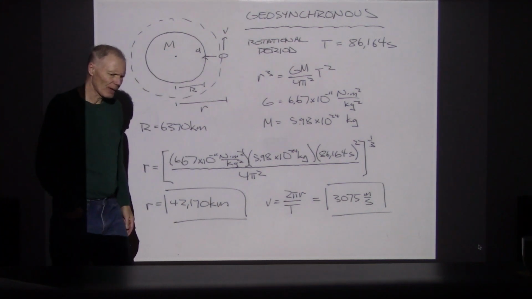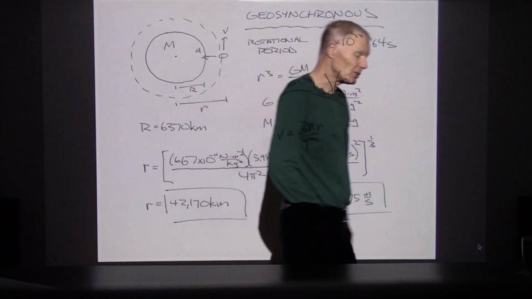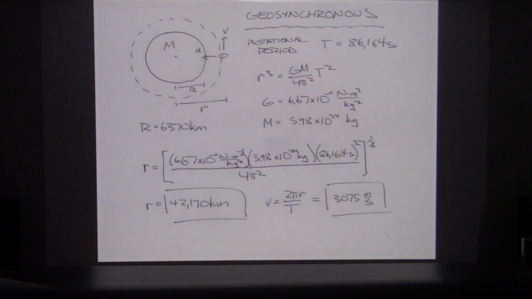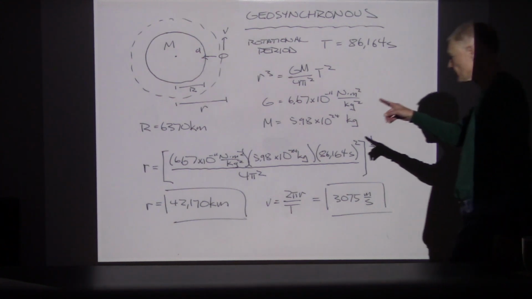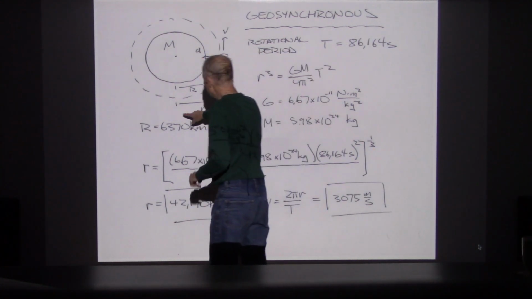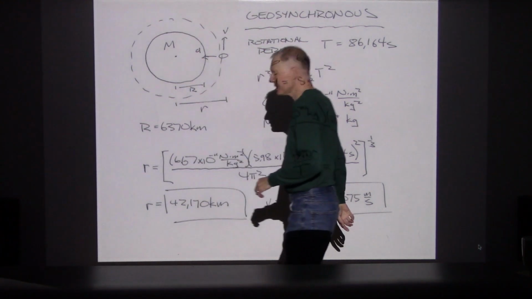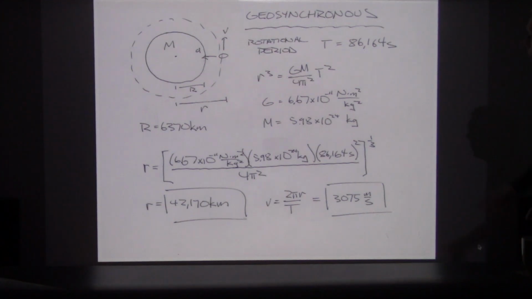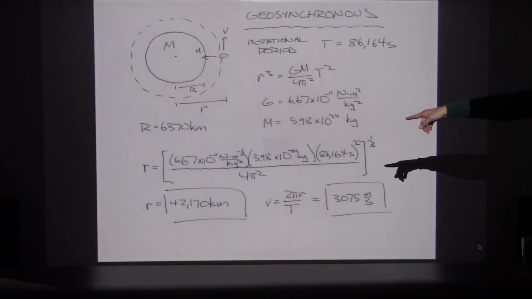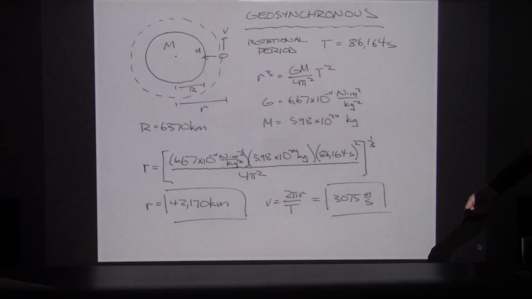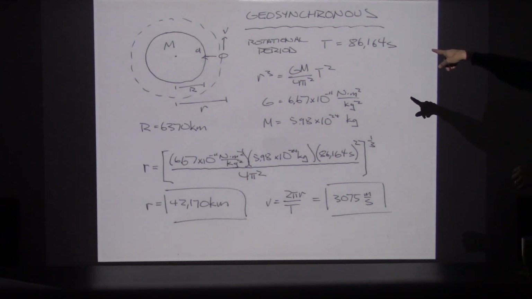Now 42,000 kilometers, that's a good distance. The radius of the Earth is, just for comparison, so we are going to use the big R, for comparison, the radius of the Earth, 6,370 kilometers. But these satellites, if they're going to remain geosynchronous, need to be placed in an orbit at 42,000 kilometers, 42,170.